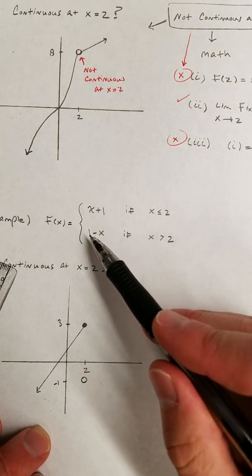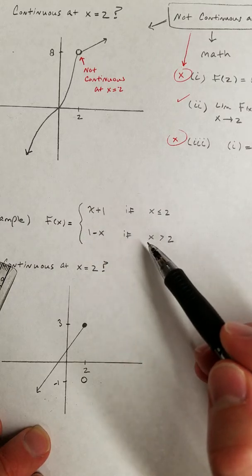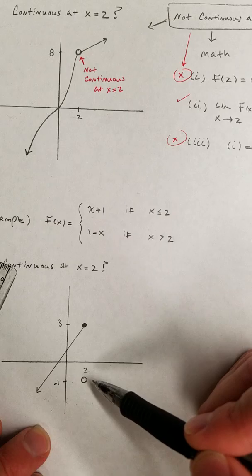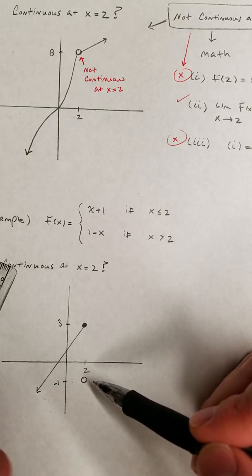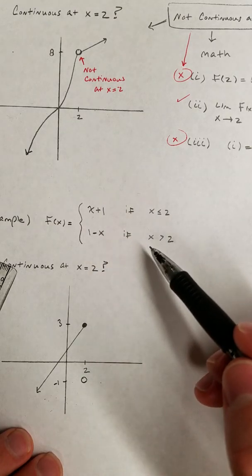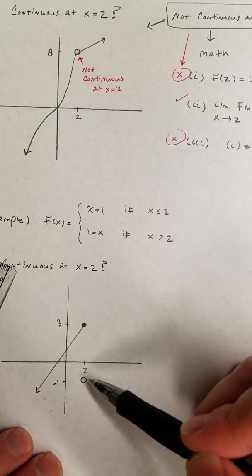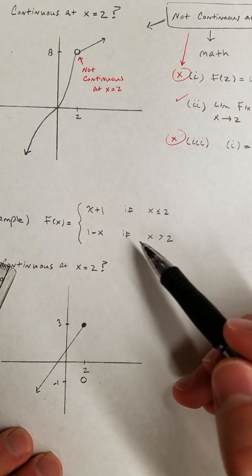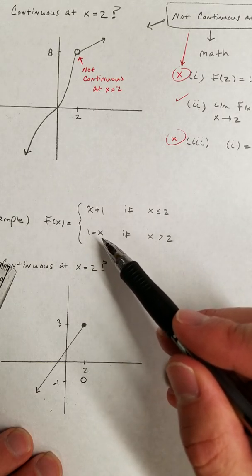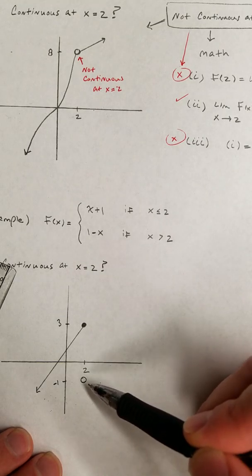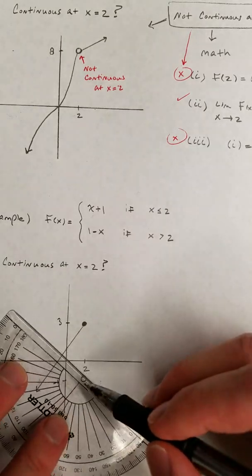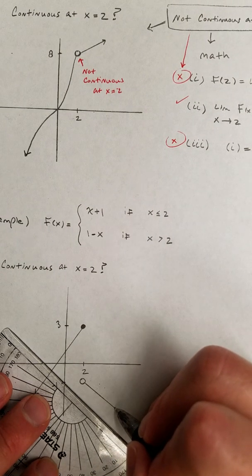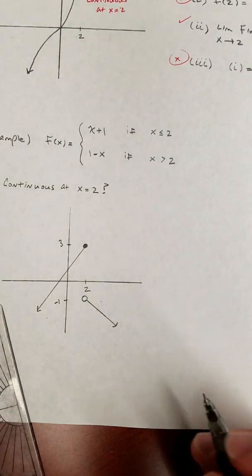If you were to put 2 into that formula, if it was allowed, you'd get negative 1. Since you can't, we know that's open, and all the other points bigger than 2 are going to pick up from right there. What are the other points? You could plot points, like what if you put 3 in? 1 minus 3 is negative 2. It's a line that's going to go down from here. So it looks something like this. I know my scale, as I sketch this out, is not perfect, but that's what it looks like.